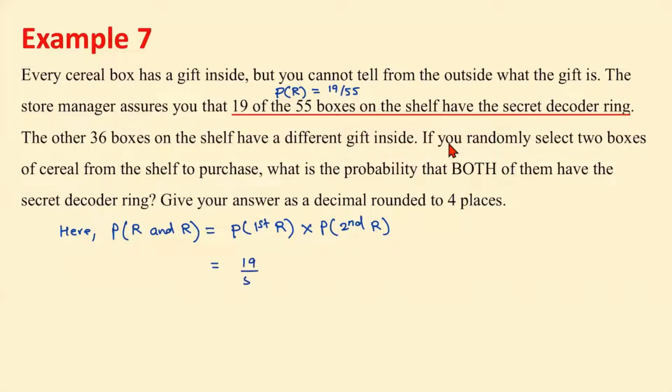Once the first box is selected, you have 54 boxes remaining, and out of those 54 boxes, 18 will have the secret decoder ring, because one with the ring is already selected. When we simplify this using a calculator, we get 0.1152. So that is the probability that both of them have the secret decoder ring. That is a simple multiplication rule of probability in example 7.